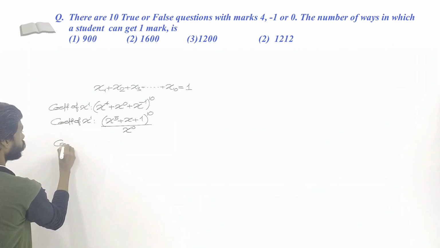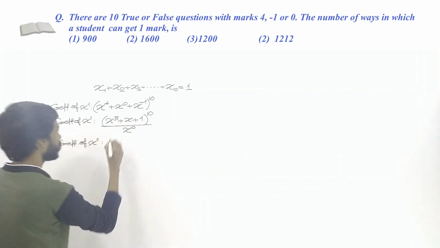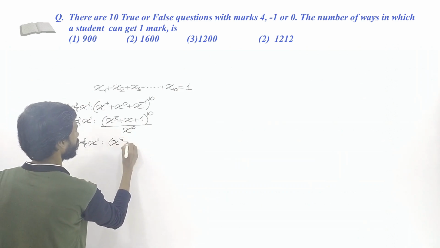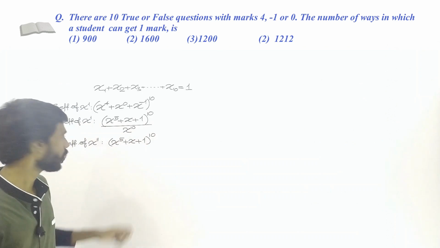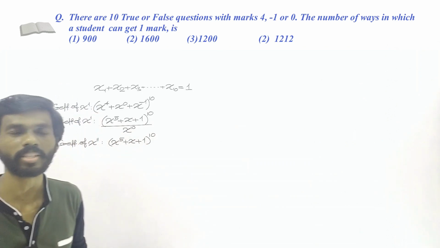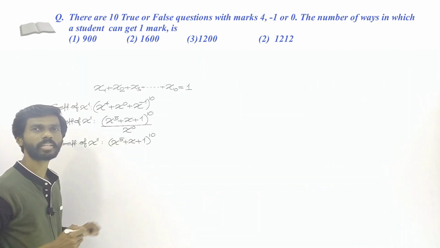So the question reduces to finding the coefficient of x to the power 11 from this expansion, (x to the power 5 plus x plus 1) to the power 10. Now here three terms are there. It's not a binomial expansion, so we'll have to use the concept of multinomial expansion. So what is the formula for the multinomial expansion?